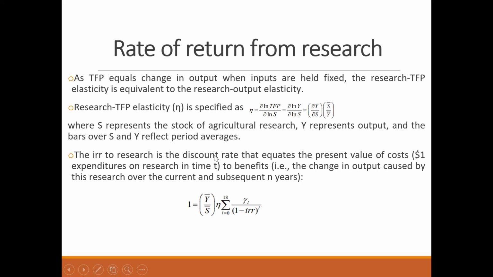Internal rate of return is a discount rate which equates the present value of cost to the benefits that are going to occur in subsequent years. Here he has calculated the internal rate of return for 18 years. So likewise, the rate of return from research is calculated by taking the research lag.